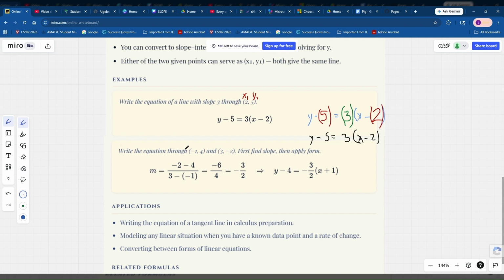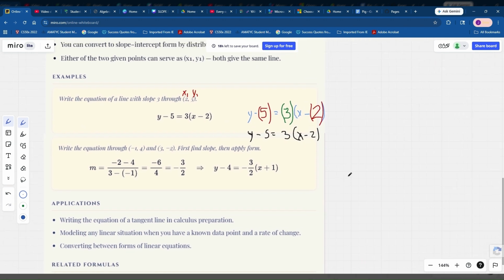Now, if we wanted to change this from being in point slope form the way it is right now into slope intercept form, what we could do is simply distribute that 3. So the 3 multiplies to the x and to the negative 2.